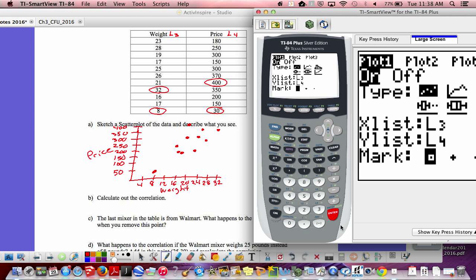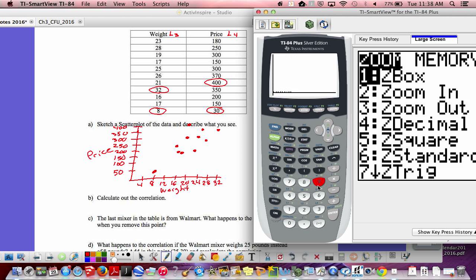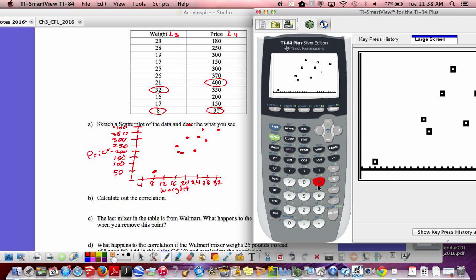Now when I hit graph, if I just hit graph, I probably won't get any points to show up, because I have to zoom 9 so that it fits nicely in my window. So we can see also by this graph, just like our hand sketch one, most of our points are sitting here, but we got this one little tiny point down in the lower bottom.